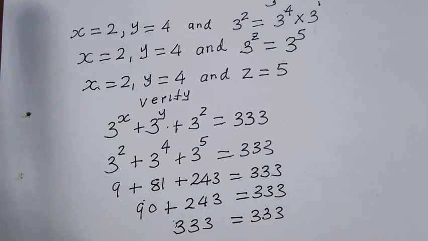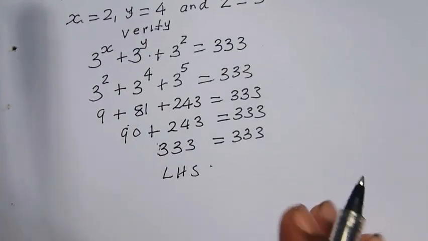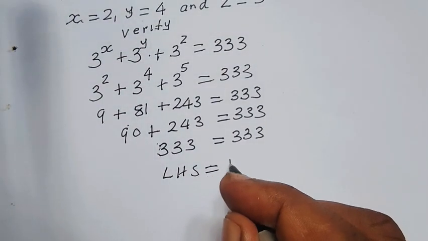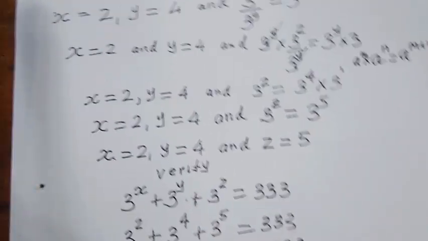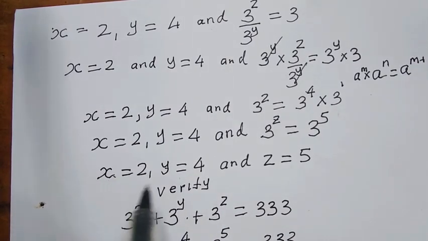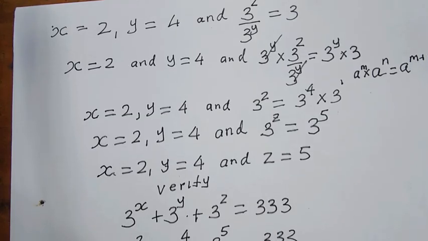As you can see here, the left hand side equals right hand side. Therefore, the value of x, y, and z is correct.